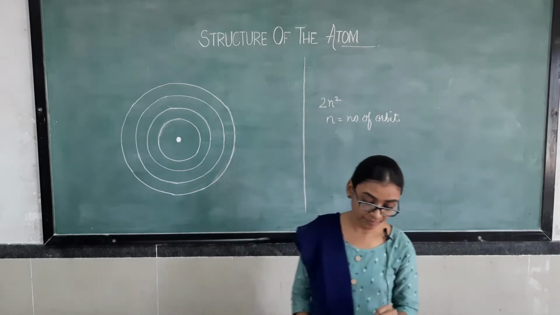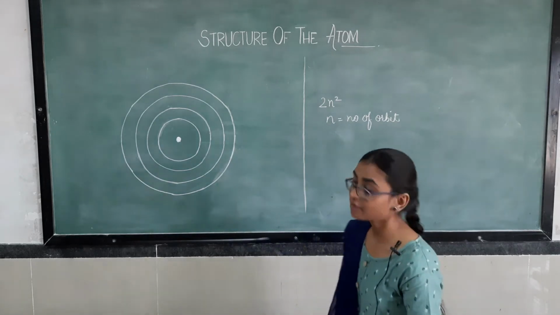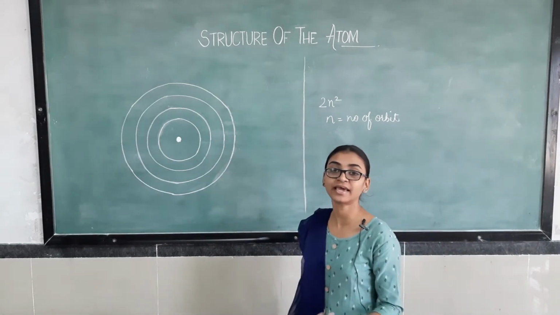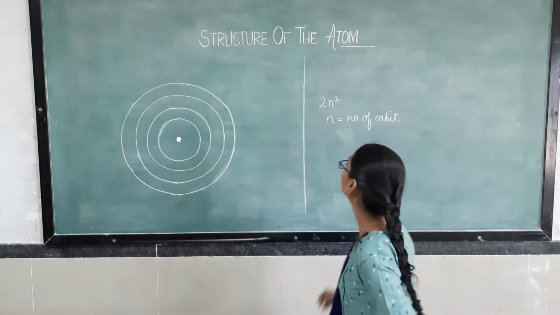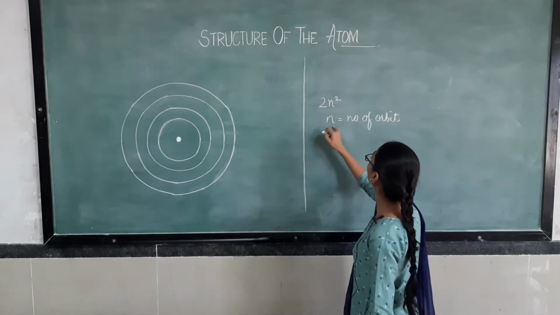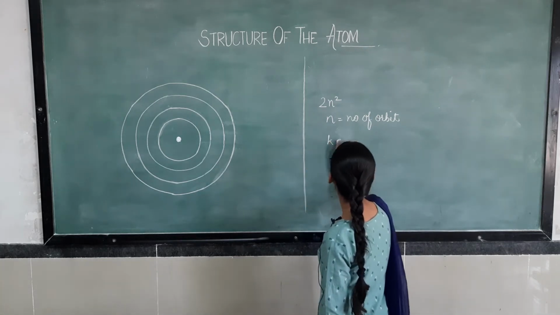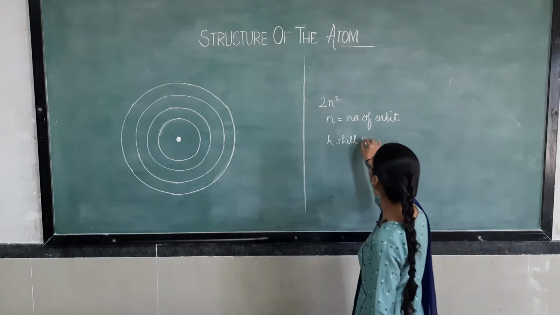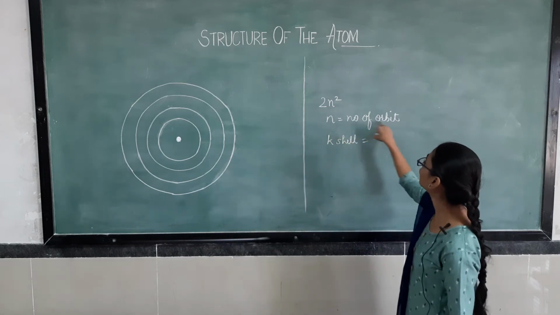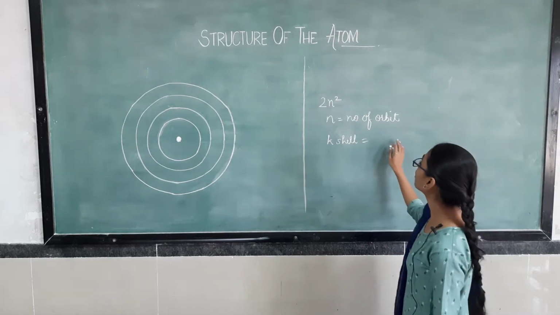Now we are going to find how many maximum electrons the K shell can have, using 2n square. For the K shell, the number of the orbit, small n, equals 1.